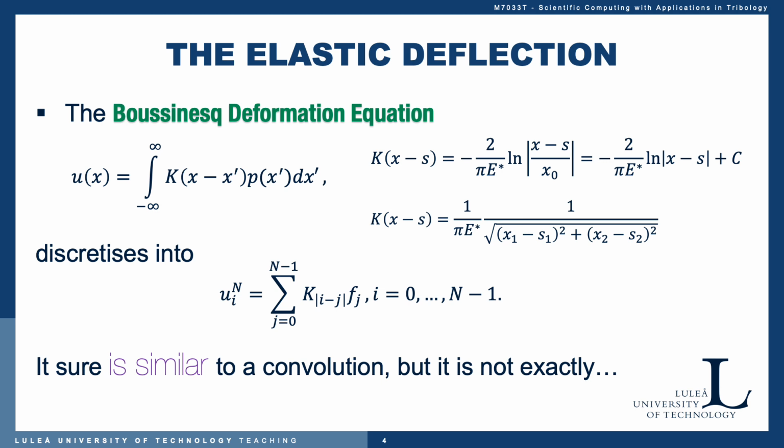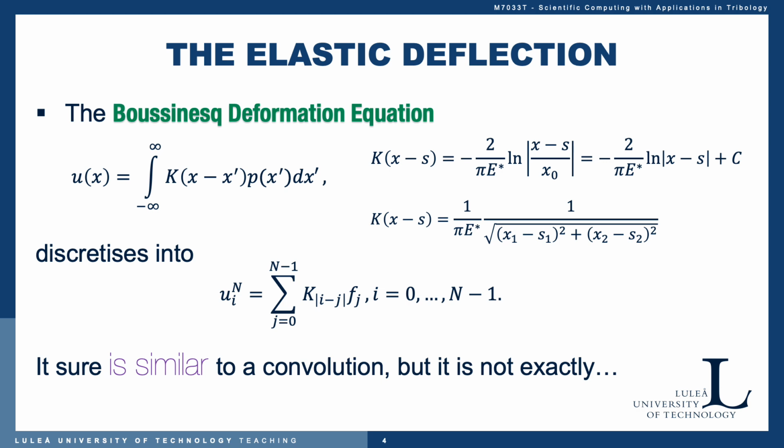And then when we discretize this, we know, and we have seen this many times now, that we get exactly this expression in summation formulation. But we have now a kernel with an absolute value between i and the summation index j, because the deformation of a half space in 2D or 3D is only dependent on the distance to where the force acts.